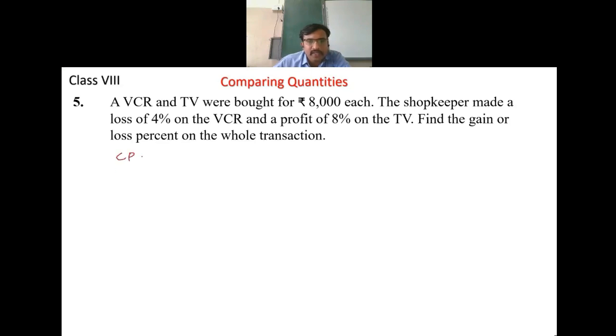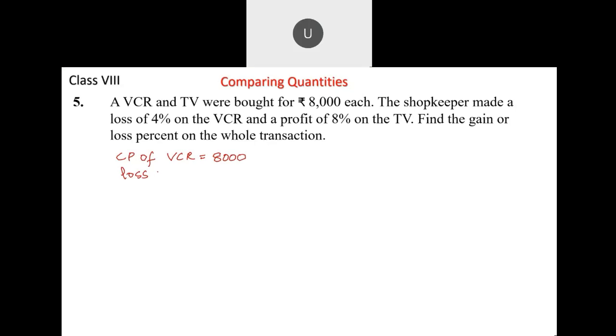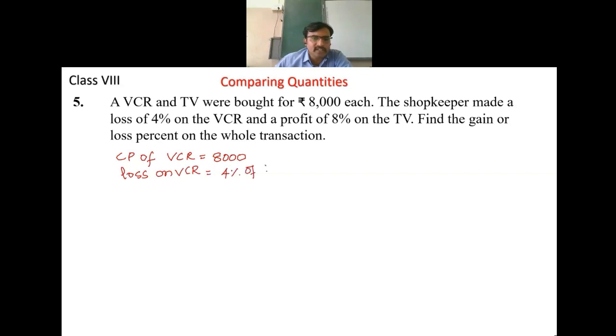The cost price of VCR is equal to 8,000. Loss percentage is given, so we can find out the loss on VCR. It is 4% of 8,000, divided by 100. It is 4 times 8,000 divided by 100.